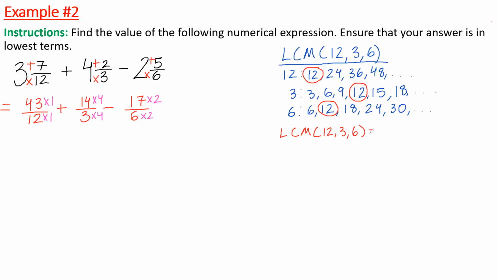So the next step we did was find the LCM of 12, 3, and 6, which is 12. And after we did that, we said, okay, this is what we're gonna do. We're going to take 43 over 12, and with each one of these denominators, we're gonna try and make it 12.